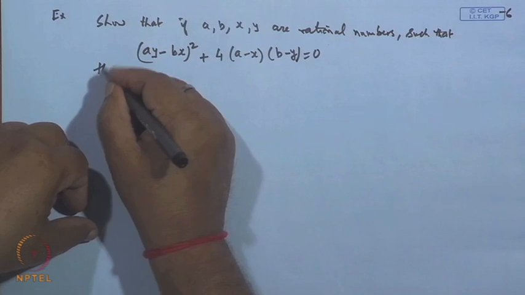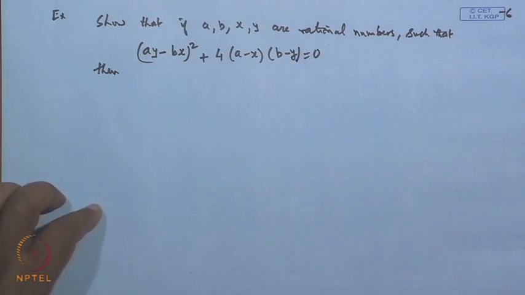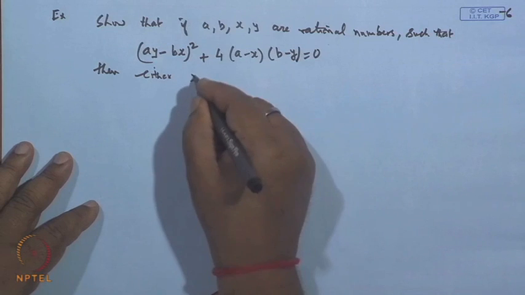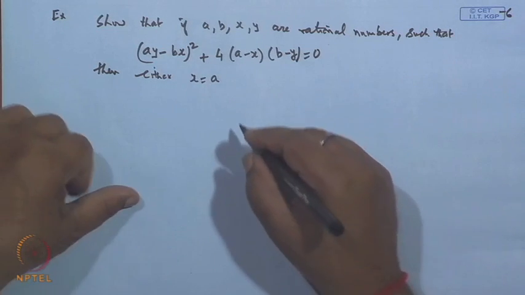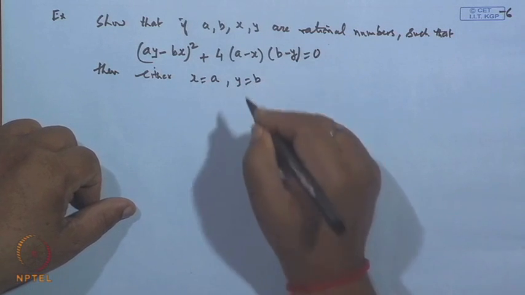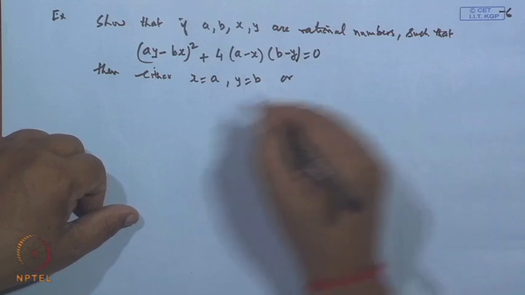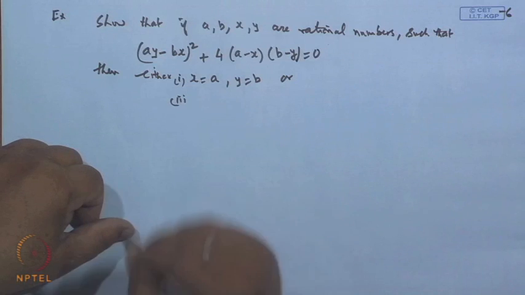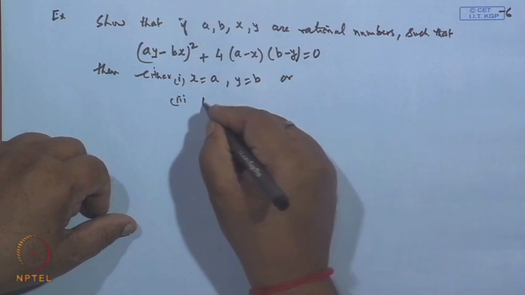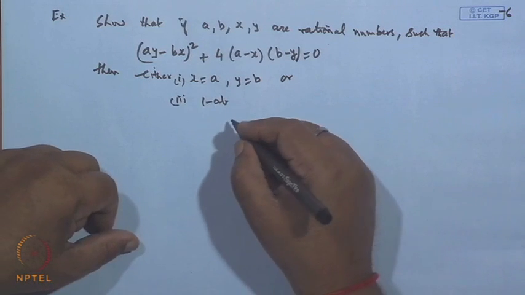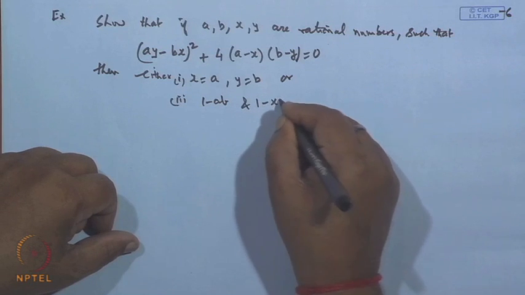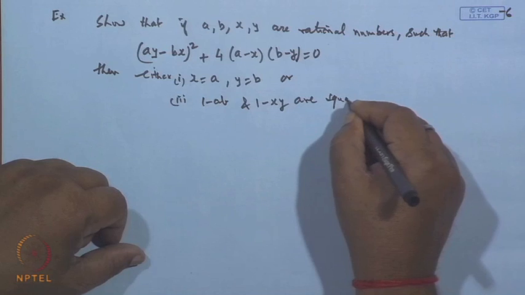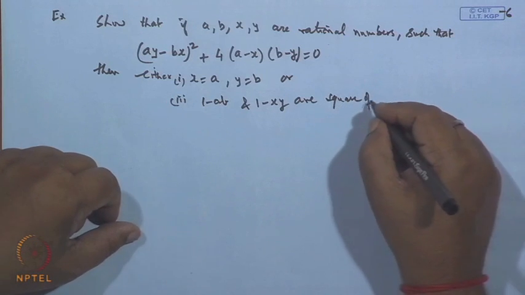Then either x equals a and y equals b, or 1 minus ab and 1 minus xy are squares of rational numbers.